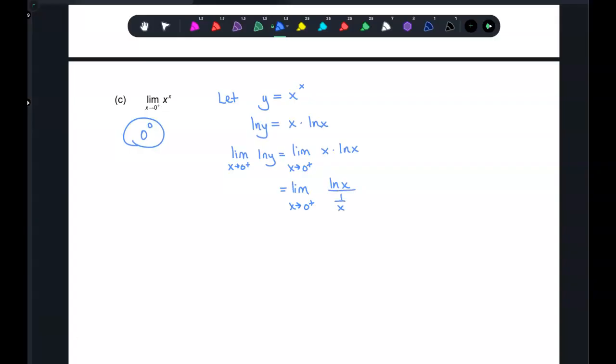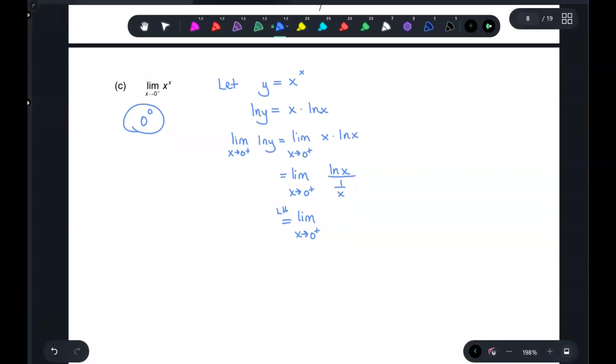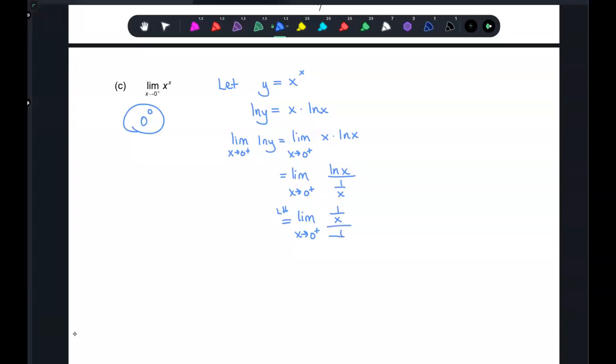Now I basically have negative infinity over negative infinity, so it still applies. So we will do L'Hopital's rule. That's going to be 1 over x over negative 1 over x squared, which is just going to be negative x, if we flip it, which ends up being 0.